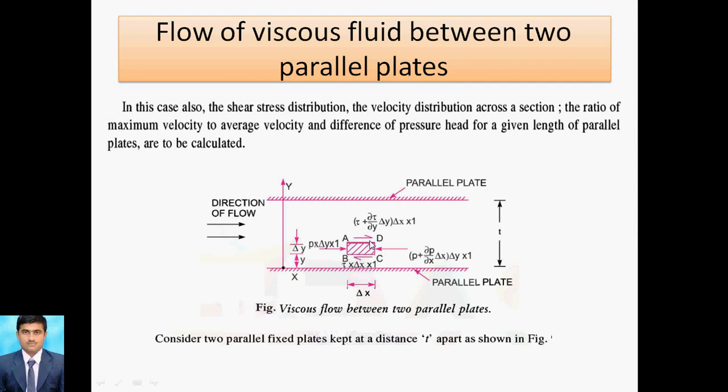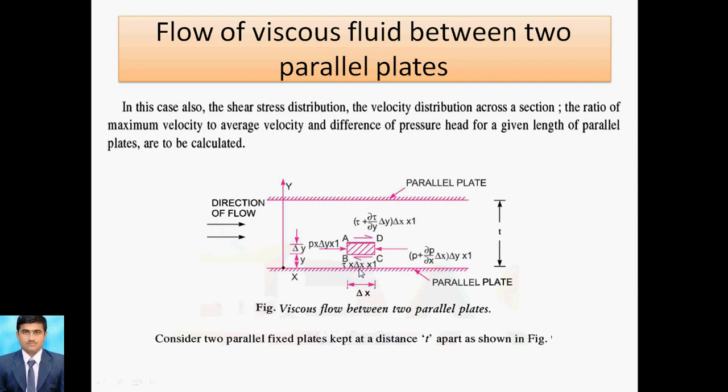Now we consider the shear stress. Here the shear stress acts along the parallel plate. Suppose we consider the shear stress at the bottom surface: tau into delta x into 1. Shear force is shear stress into area.